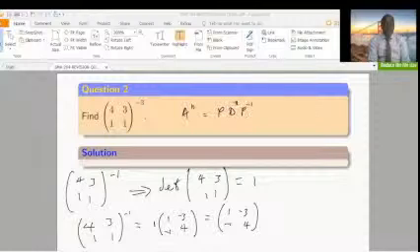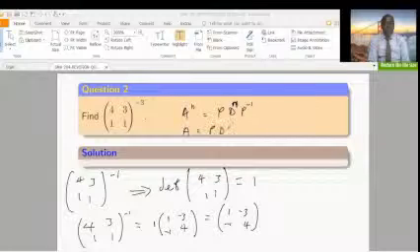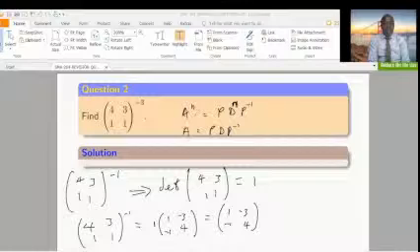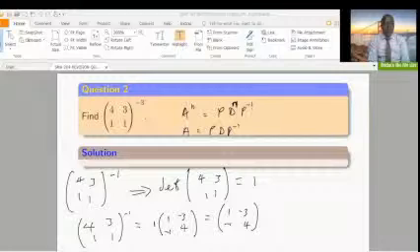We get this from the previous question, because the previous question said that A was given by P D P inverse. That means that if I was to raise A to any value n, then A raised to n will be given by P D raised to n times P raised to -1.